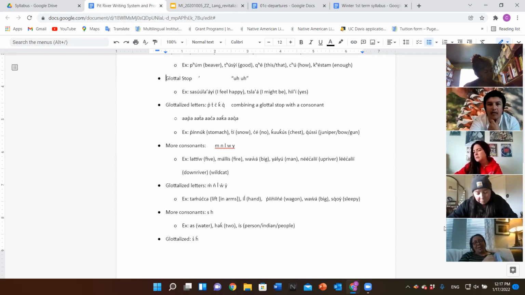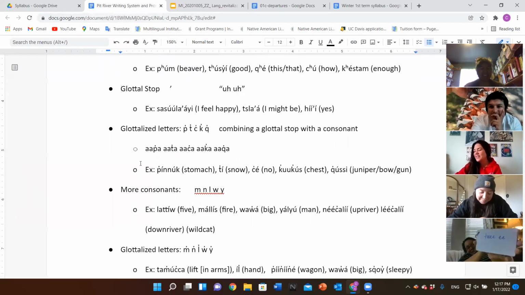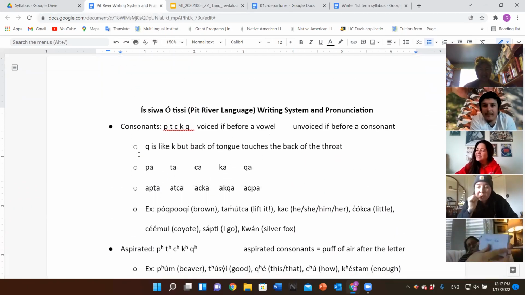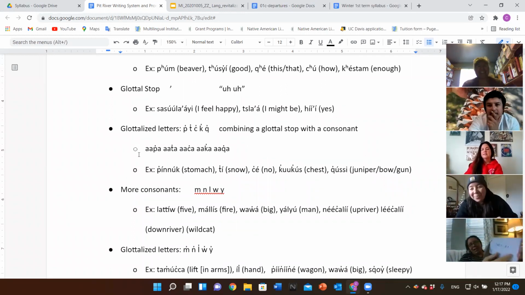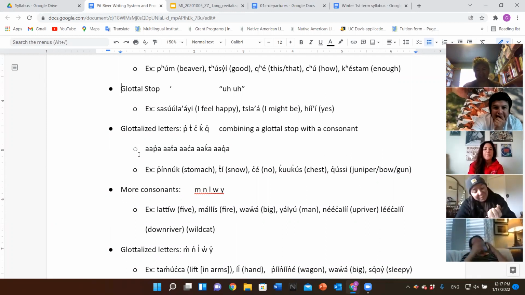Now don't kill me, Connor, but I wrote it how I heard it. And then in Pit River, and then in the back I wrote it like this. Okay. Well, as long as you have it in this orthography also. Right.